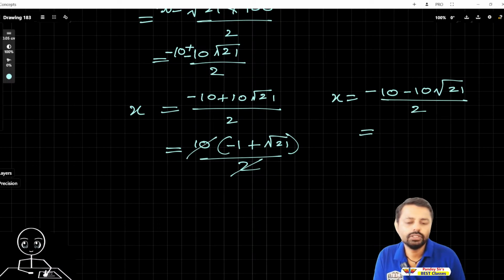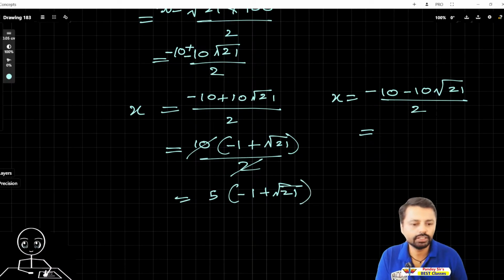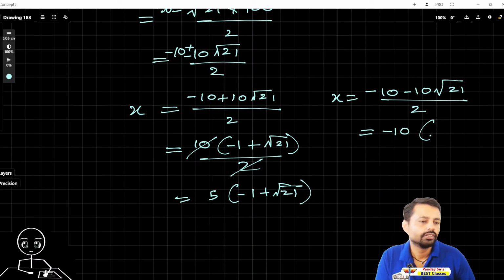Two and 2, so we actually get 5 into minus 1 plus root 21 as the answer, one value of x, and the other value of x we get equal to minus 10 by 2 into 1 plus root 21.